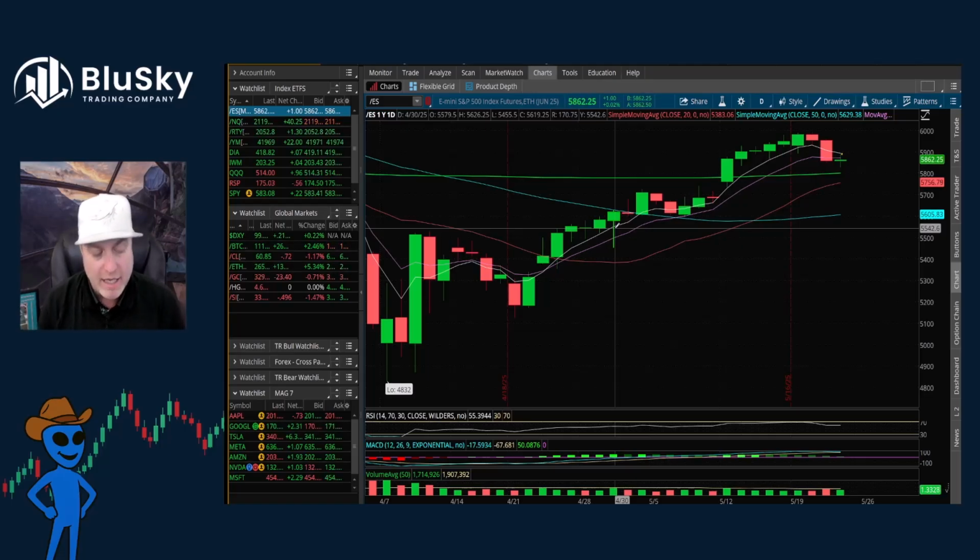Now, what I like to look at in that environment, when the momentum is firmly entrenched on one side of the coin or the other, bullish momentum or bearish momentum, there's a concept that I like to anchor to called the hard 14. The hard 14 is a moving average based support resistance zone.